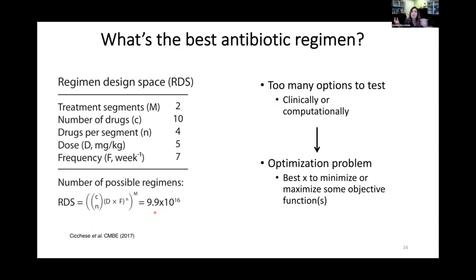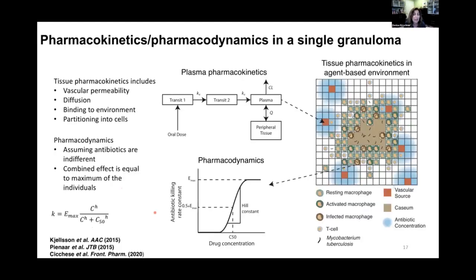So we even have to come up with ways to optimize before we can even begin to solve what the optimization problem really would be here. So we've done that, and we were able to take GranSim, our original model, and include a plasma pharmacokinetic and pharmacodynamic model where the drugs enter through transit compartments, depending on the drug, what we know about the PK of those drugs, into the tissues, and track what happens.